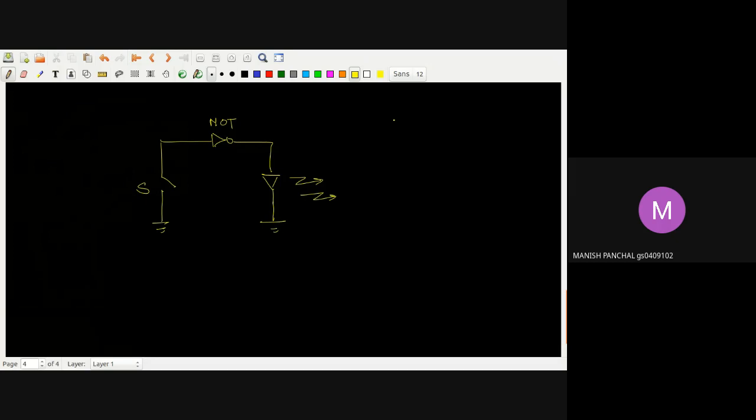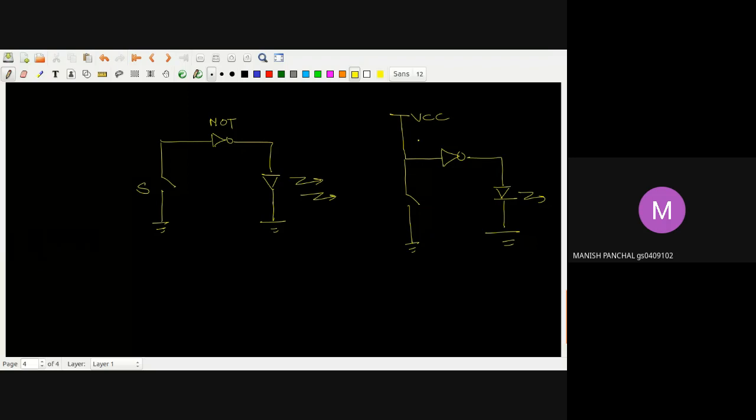So if I draw this circuit like this, I connect VCC, and then this is my NOT gate, and this is my LED. I connect one switch here, and this portion is connected with the VCC.